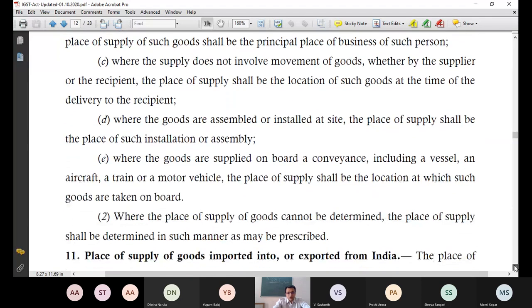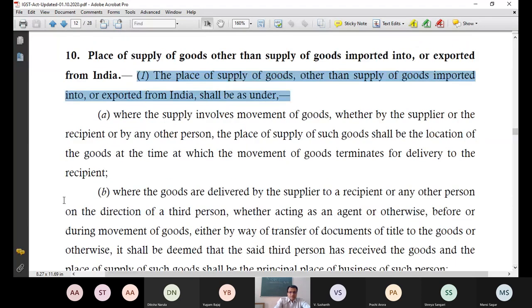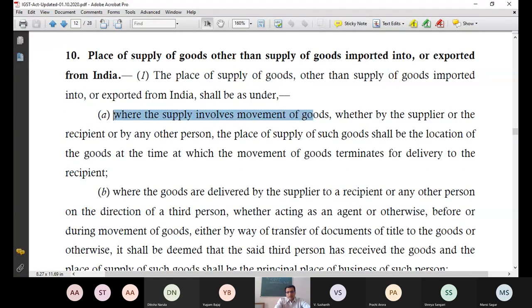Then we have subsection 2. Let me first discuss only clause A. What it says: where the supply involves movement of goods, when it is necessary that goods are to be moved, then in this case what is the place of supply?